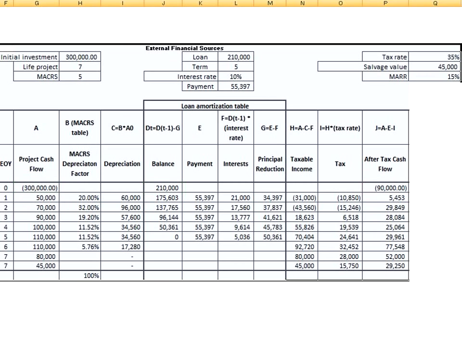If we continue with this logic, we need to take into consideration all the cash flows that are affecting this computation. In this example for year one, $50,000 is the cash flow we receive.